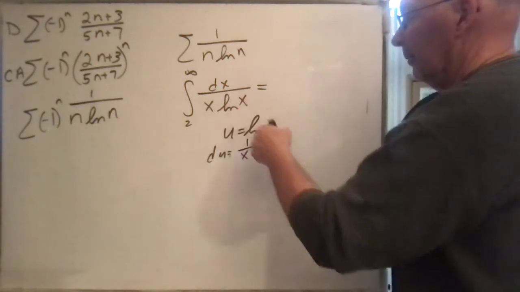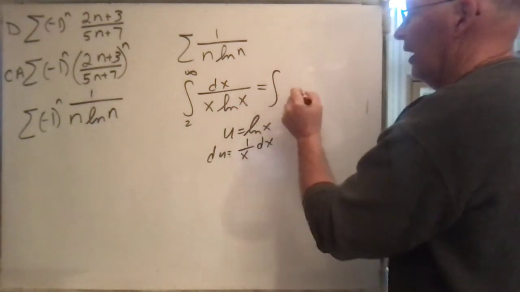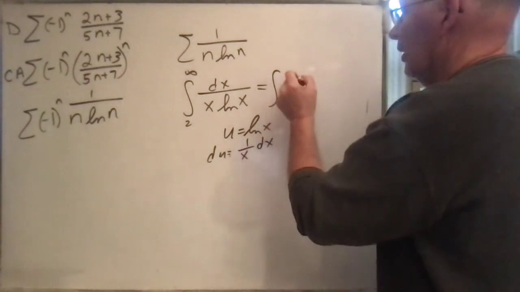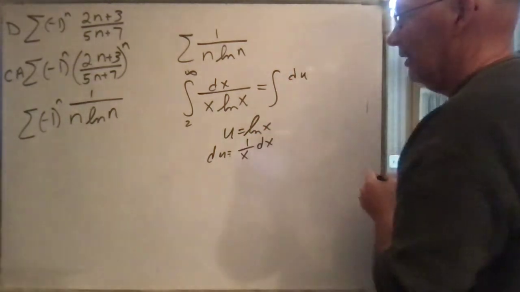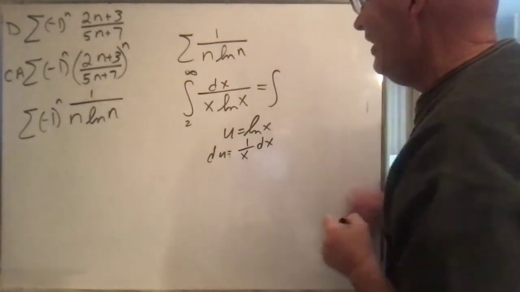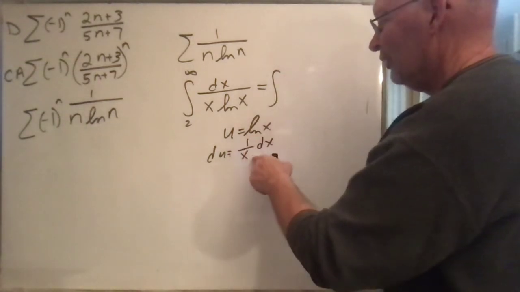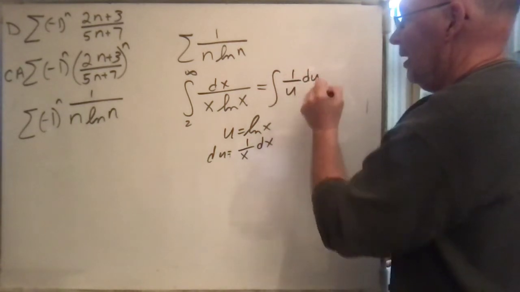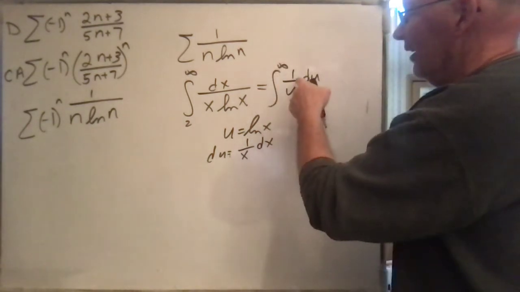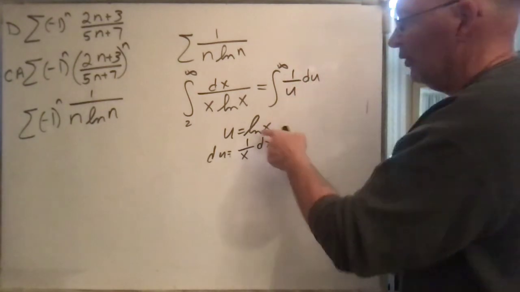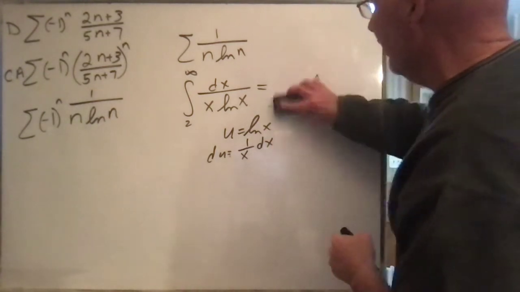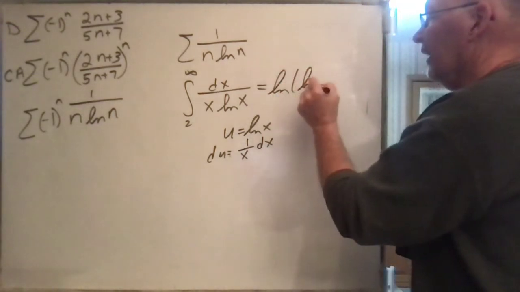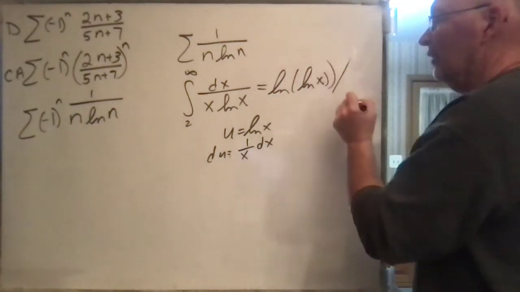And so this becomes 1 over u du, and the antiderivative of that is the ln, so it's going to become the ln of the ln of x by the time you're done.